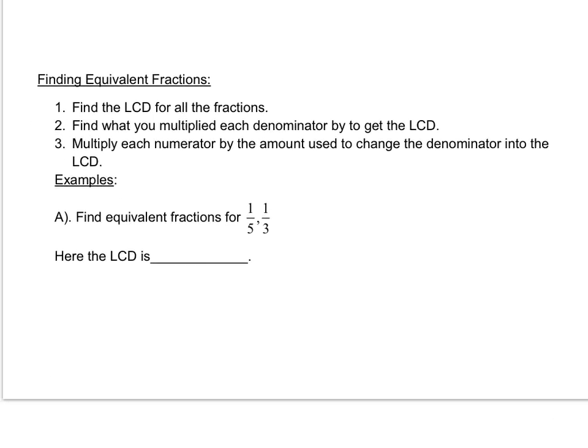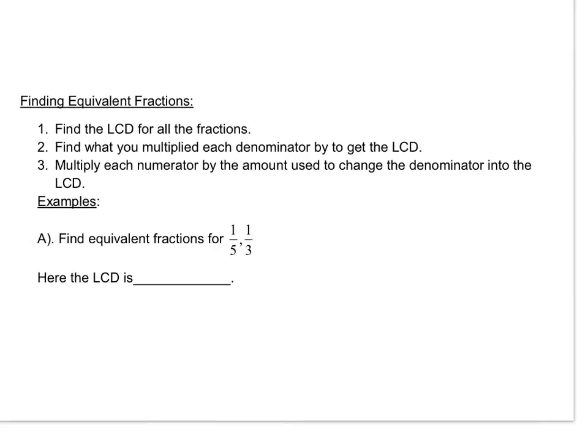Equivalent fractions. So they just want us to get a common denominator and get the equivalent fraction. So what's the least common denominator between 5 and 3? 15. So this one multiply by 3. This one multiply by 5. So this would be 3/15, and this would be 5/15.